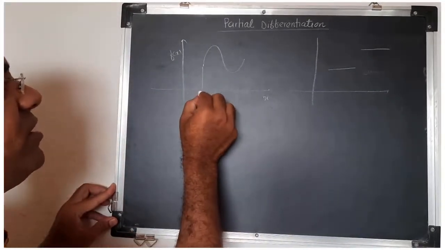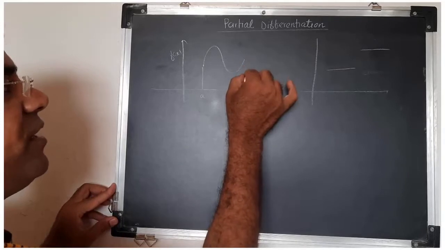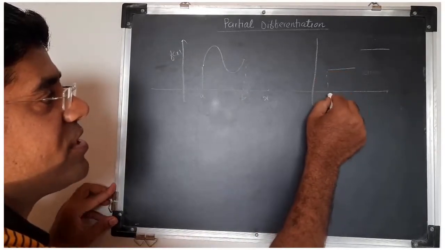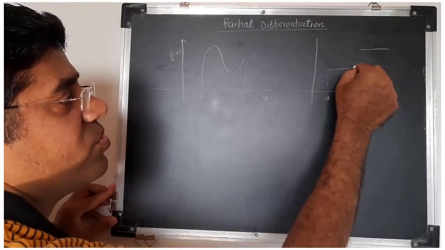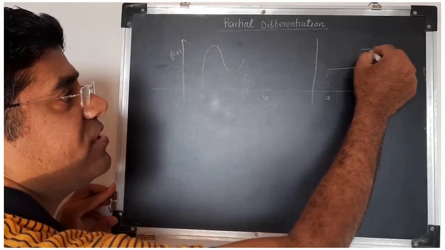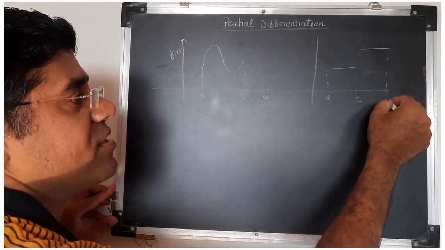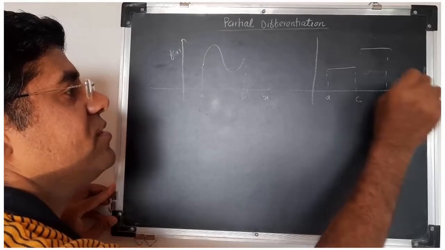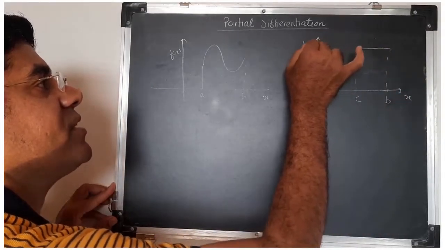Here this is A and this is B. Here also this is A, and suppose this is C, and something is related to C, B. This is x and this is f(x).